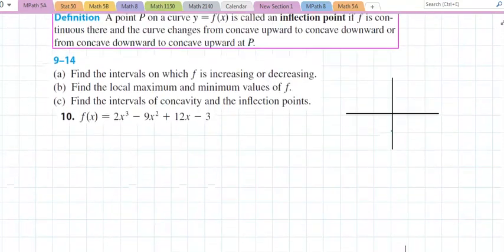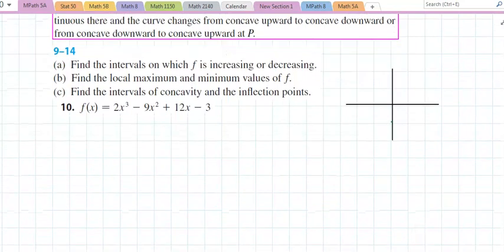Looking at problem number 10, it says, find the intervals on which f is increasing and decreasing. Well, A, I need to take a derivative. The derivative is, and this will be 6x squared minus 18x plus 12.